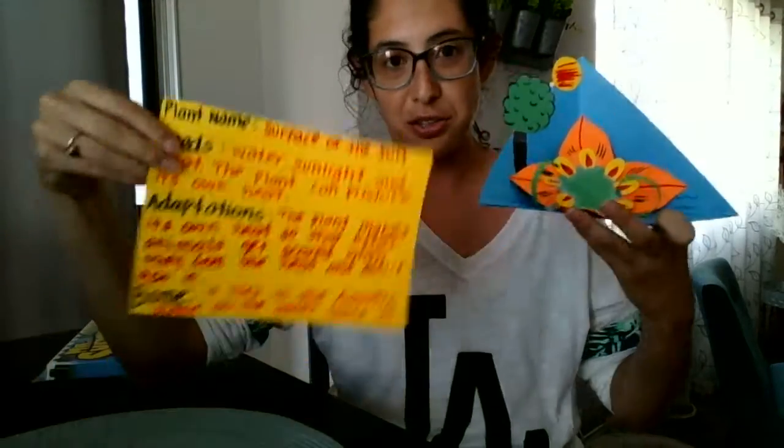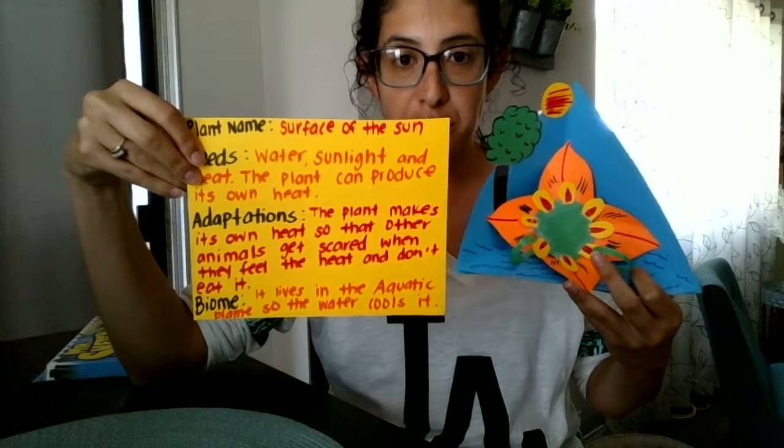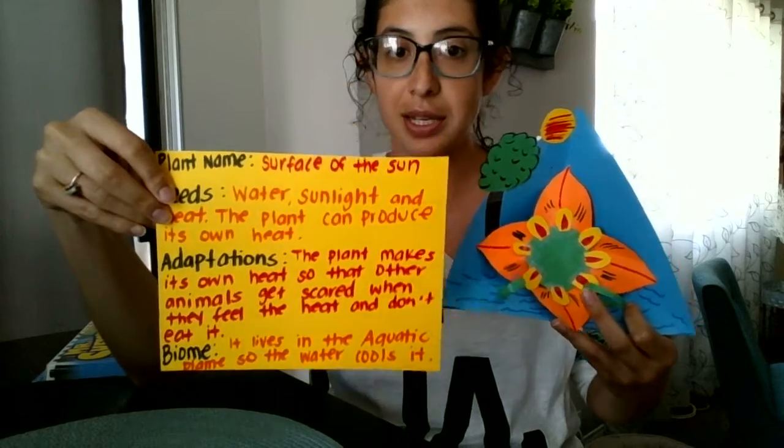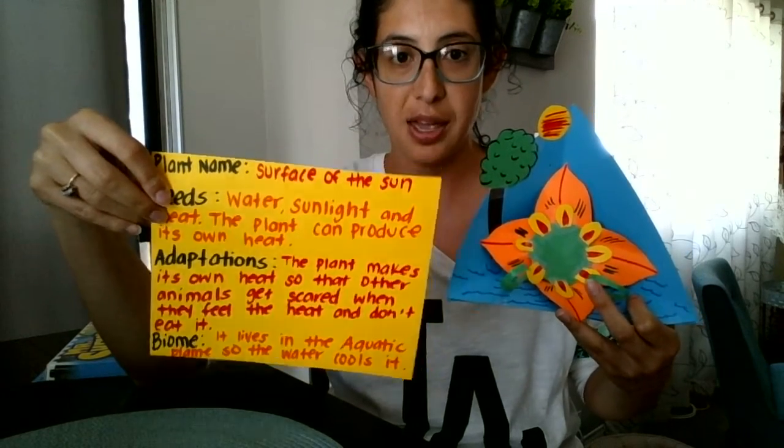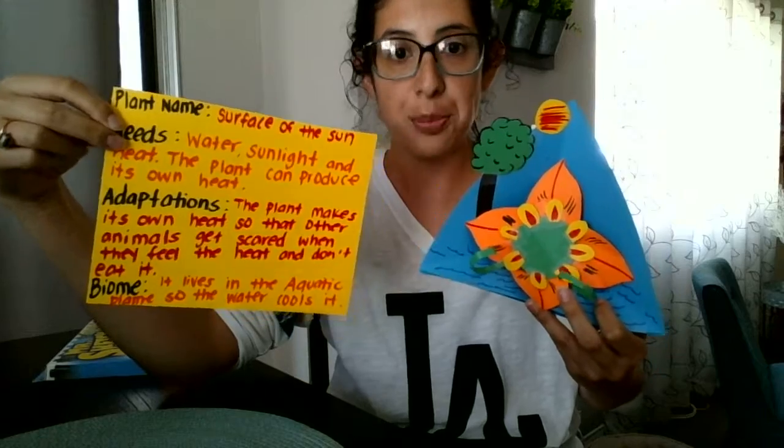And then you start explaining. You'll see my Flipgrid example. Or you can just take a picture of this and send it to me on Class Dojo. I would prefer a Flipgrid video, but if you're too shy in front of the camera, that's fine. As long as I get the picture of your plant and your fact sheet, I'll be happy.